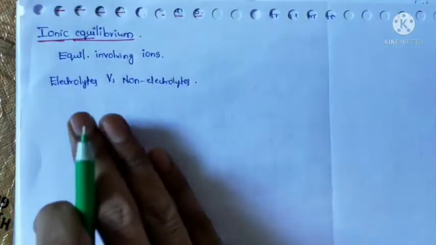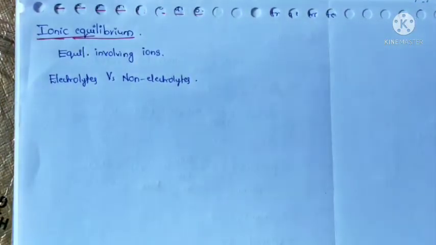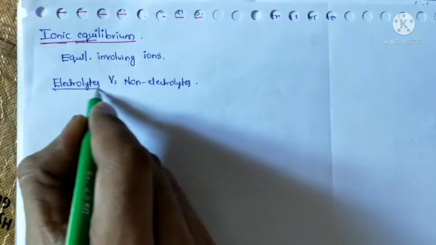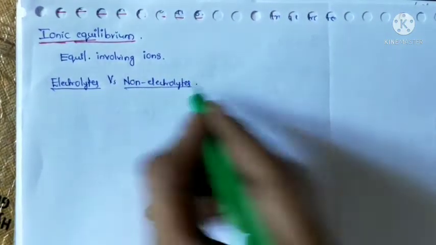Faraday, a scientist, classified substances into two types: one is electrolytes, the second one is non-electrolytes.